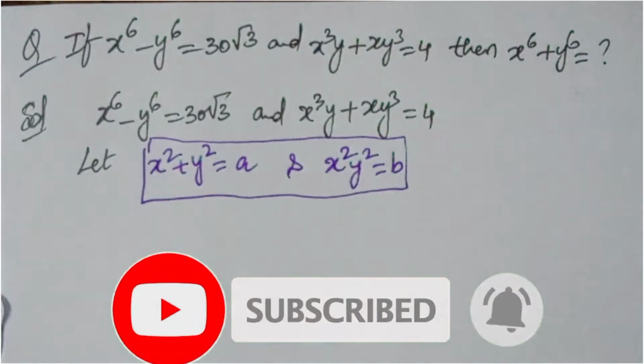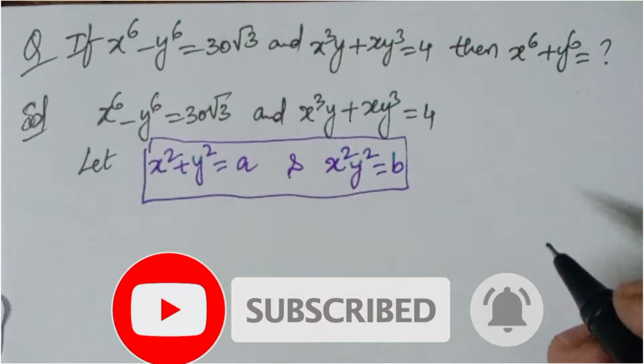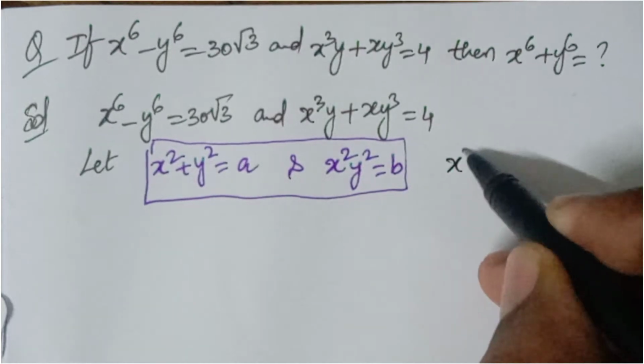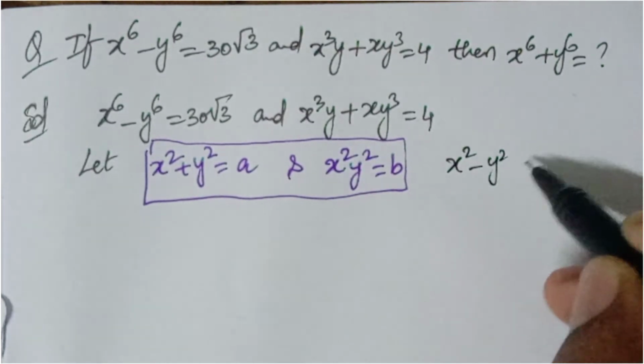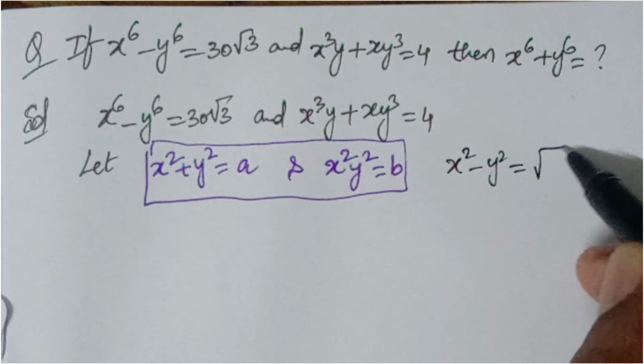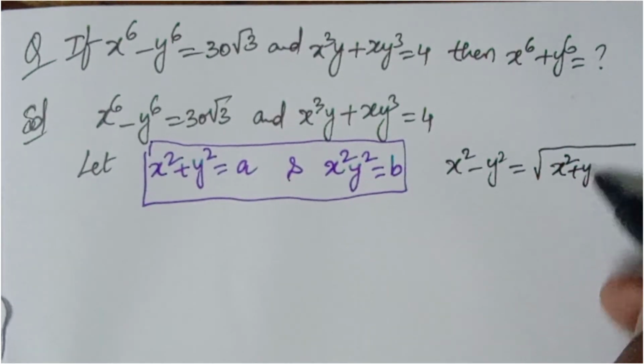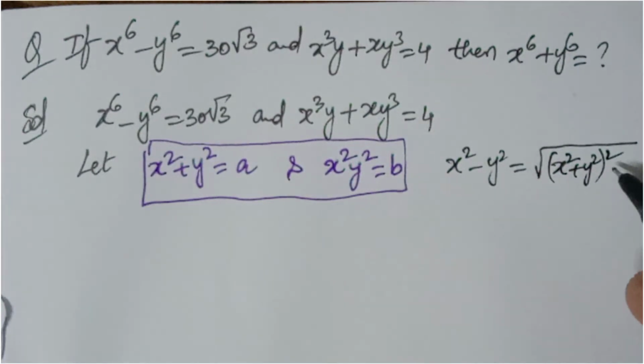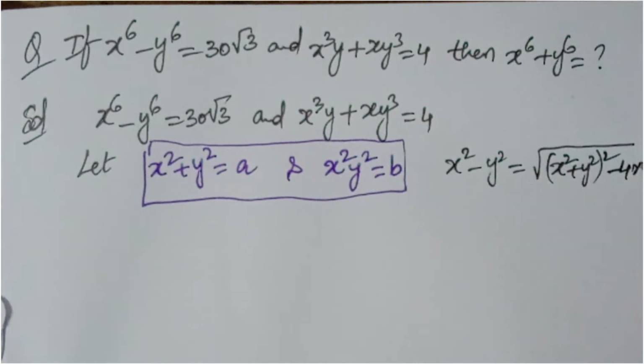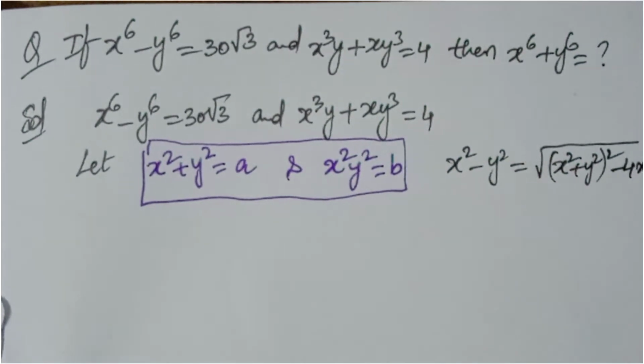Now I want to find the x square minus y square value. The x square minus y square value will be the root of (x square plus y square) whole square minus 4 x square y square.